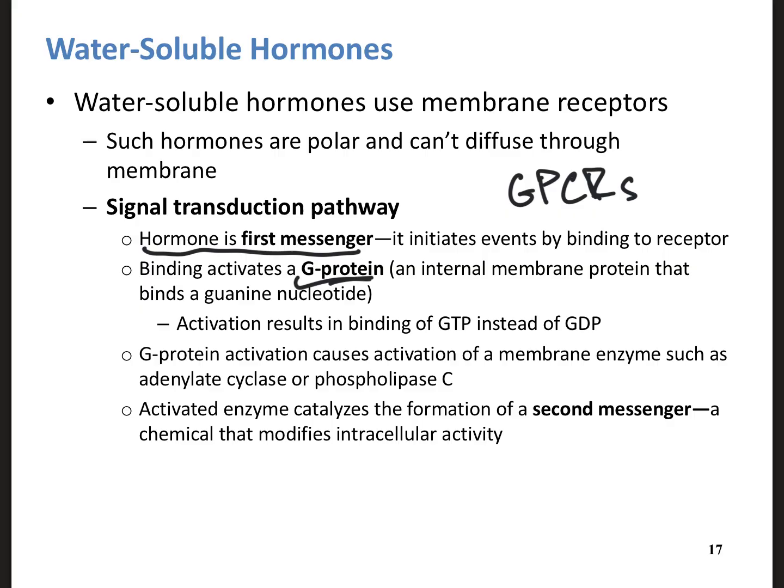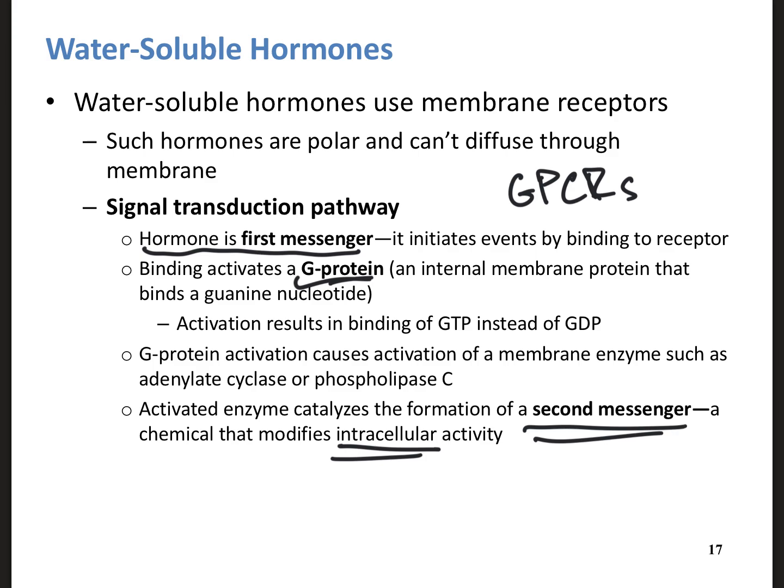So the hormone binds to the receptor, activates the G protein that's associated with it. And then from there, that G protein triggers the production of a second messenger. Your second messenger is what's inside the cell and happening inside, right? So something modifies something intracellular, okay?